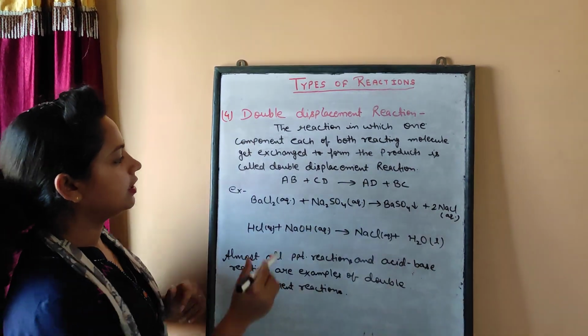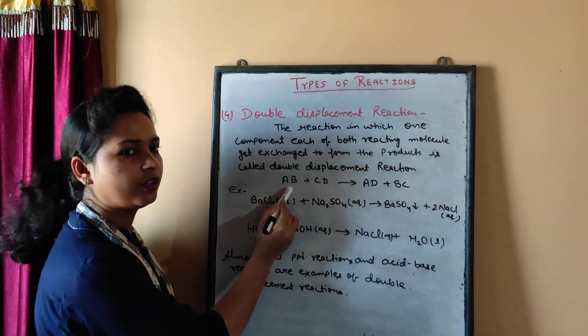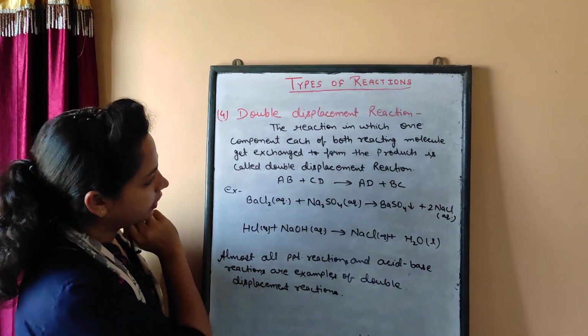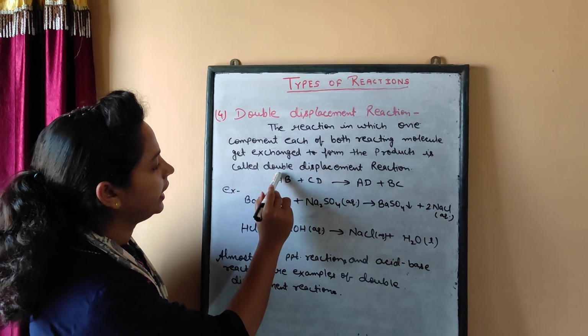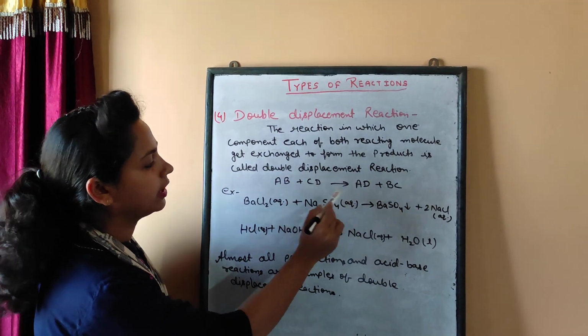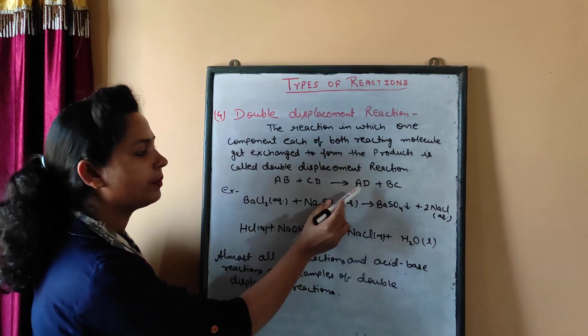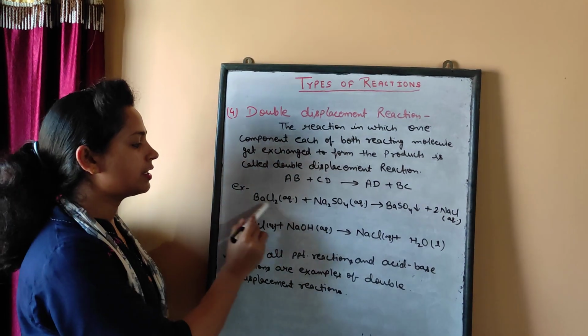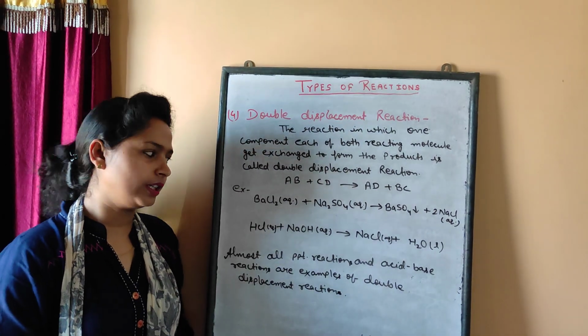So here we can see the general form. AB is one compound and CD is another compound. What is the reaction here? A combines with D and B combines with C. So our products become AD and BC. Here we have taken several examples. First is BaCl2, barium chloride.